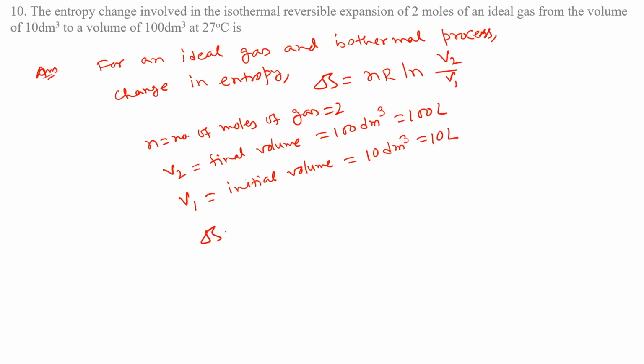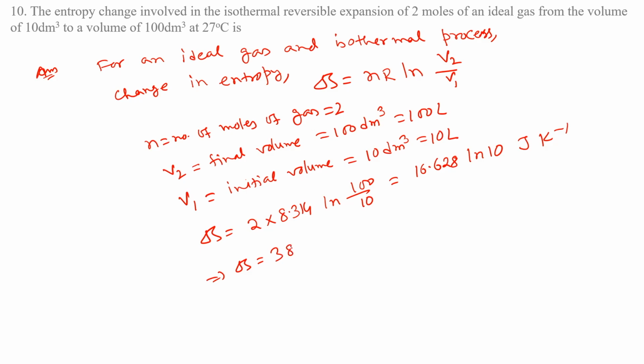So, delta S is 2 times the value of R, 8.314, and ln 100 by 10. So, we get 16.628 ln 10 in joule per Kelvin. So, this is the value of delta S. If you calculate this, you get delta S is 38.3 joule per Kelvin.